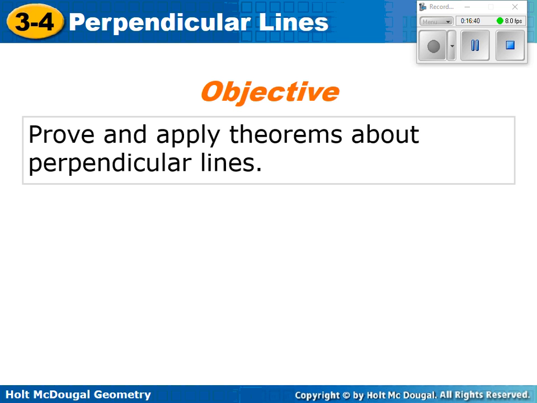Alternate interior angles theorem, alternate exterior angles theorem. Are you supposed to abbreviate? No, but I am because it's our notes. Please don't do that on your homework. Same side interior angles theorem and same side exterior.